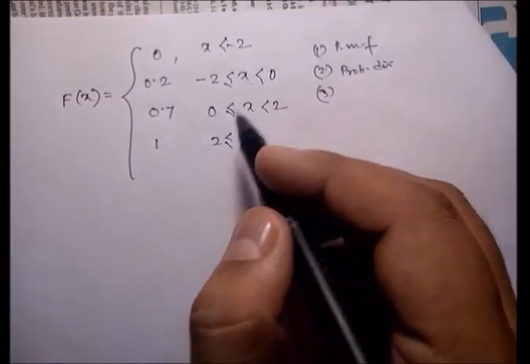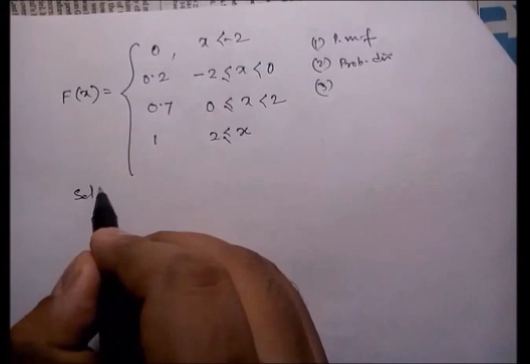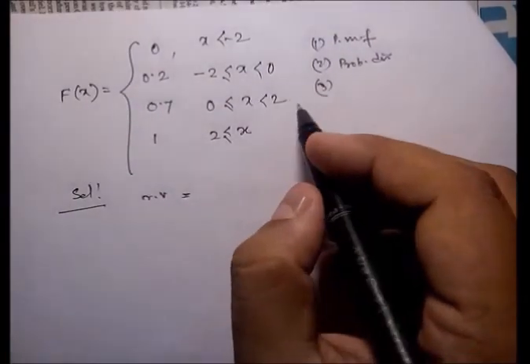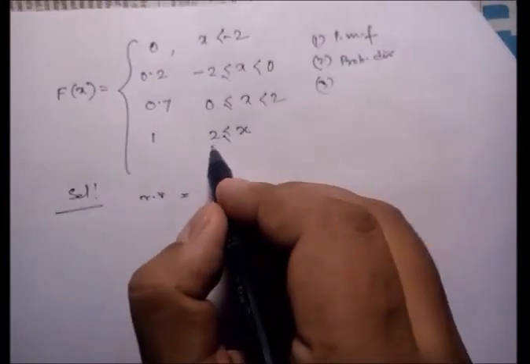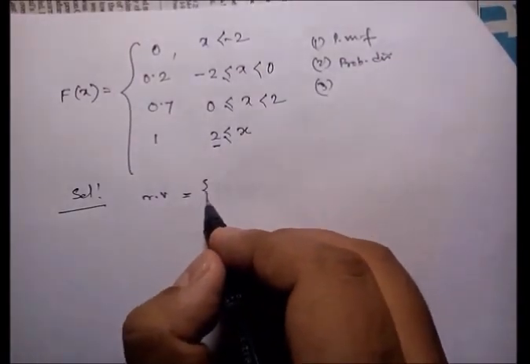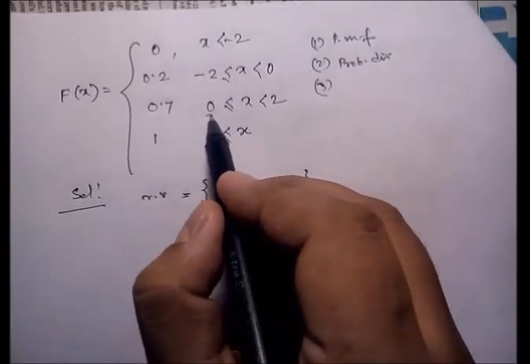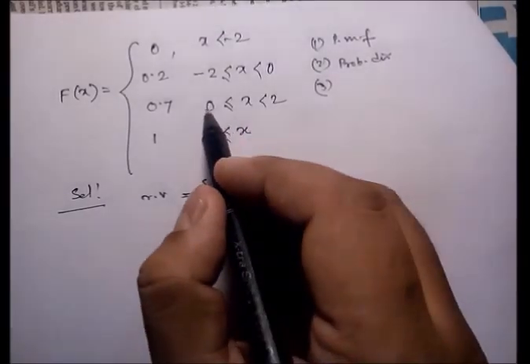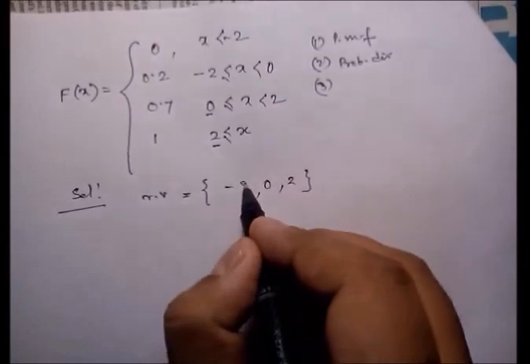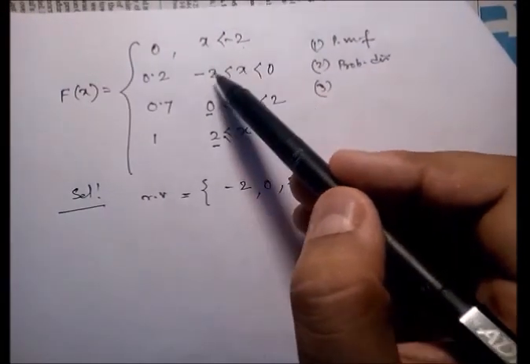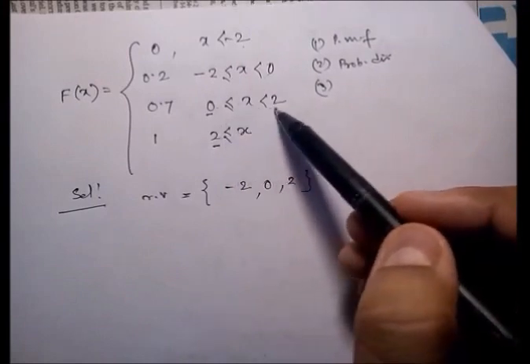Now we can see the solution here. The random variable will be somewhere like that: it may be 2, it may be 0, it may be minus 2. So the random variable takes values minus 2, 0 and 2.